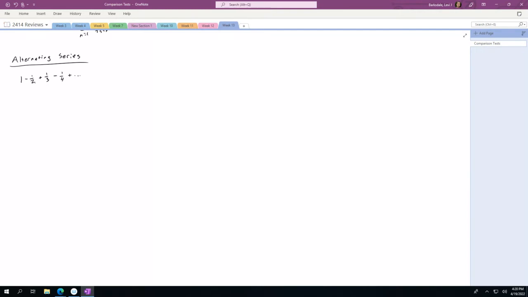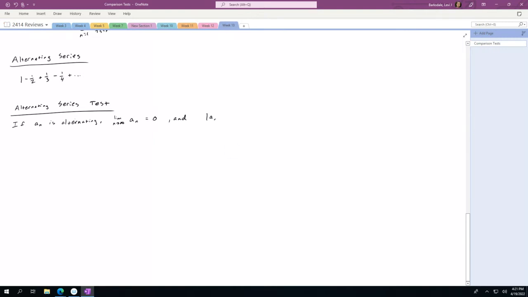So let's take a quick look at what is called the alternating series test. So let's say we have a series and it's alternating. And the limit as n goes to infinity of that sequence is equal to 0.